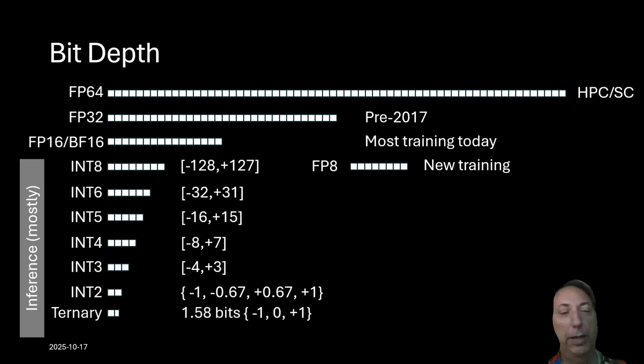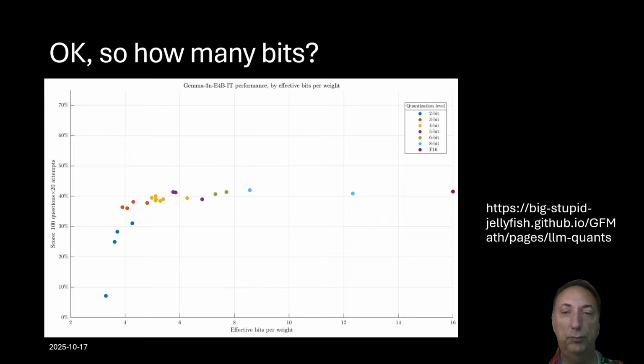Or if you don't want to do that, there's ternary, which only takes 3 values. And with data compression, that averages out to 1.58 bits per weight. And there is even int1. I think Microsoft is the one chasing this the most aggressively.